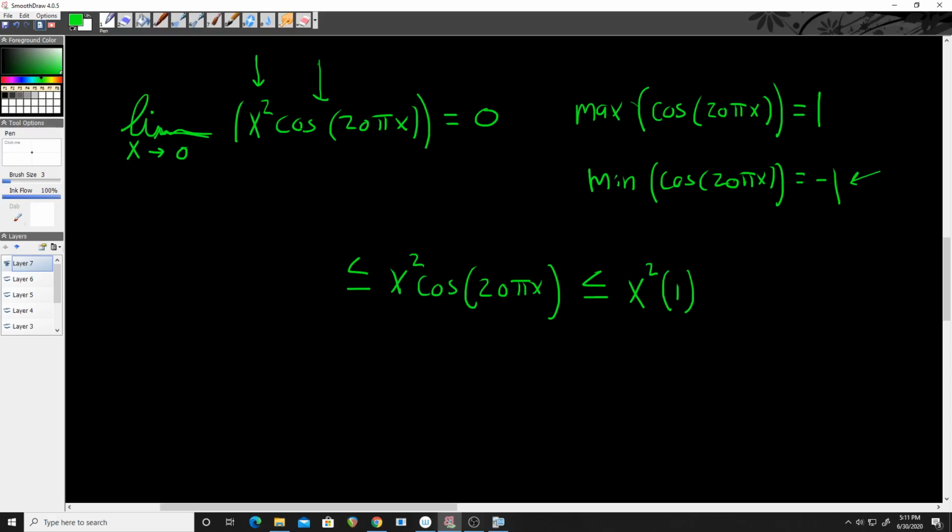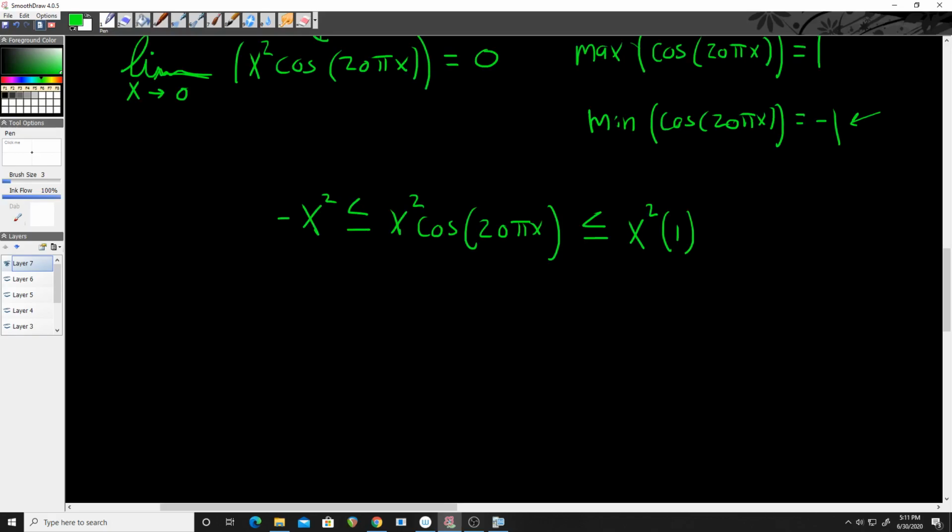So x squared times negative 1 is negative x squared, and x squared times 1 is positive x squared. So we have this situation where our function is squeezed in the middle between negative x squared and x squared for all x.